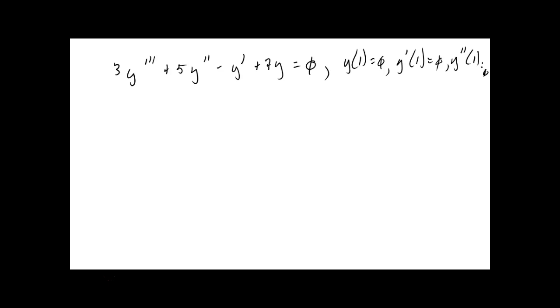Any type of function that you can guarantee, it and its derivatives up to the third derivative or higher, some linear combination of them, you can always get to be 0. In other words, y is equal to x minus 1.